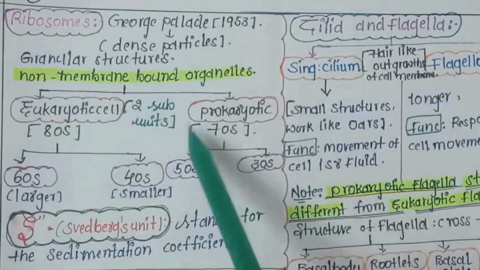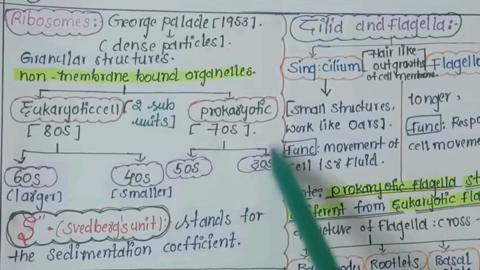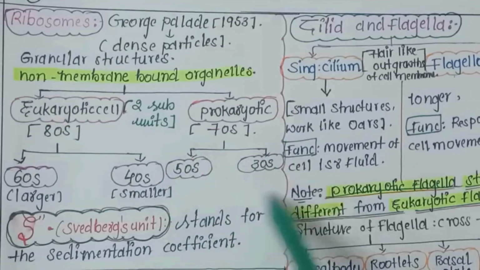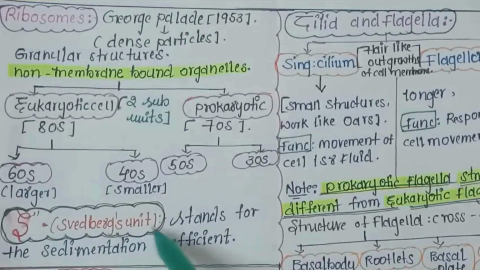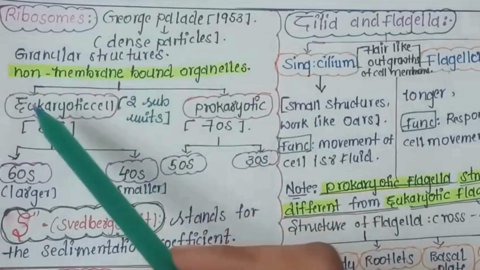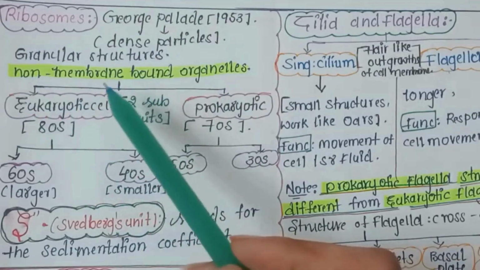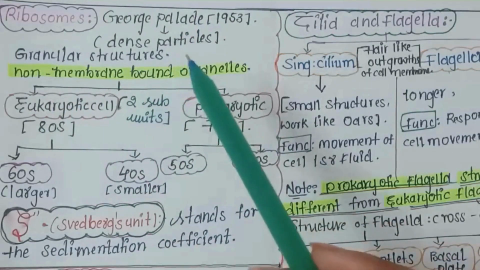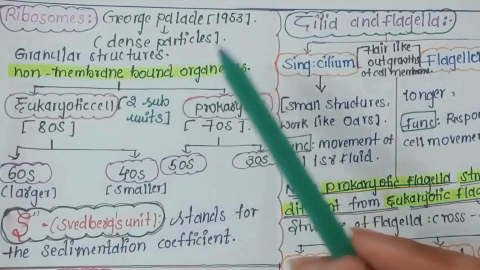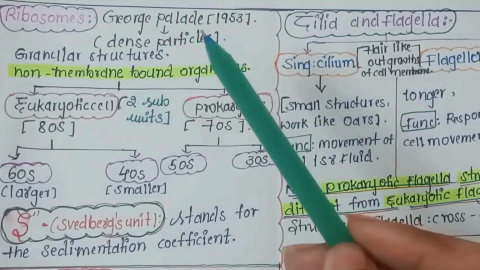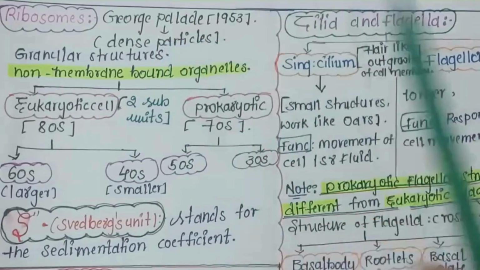In the prokaryotic cell they are 50S and 30S, the larger subunit and the smaller subunit respectively. Here S stands for Svedberg unit, which is the sedimentation coefficient. It measures the sedimentation rate. Coming to the structure of the ribosomes and their functions, ribosomes help in the synthesis of proteins and translating mRNA into specific sequences of amino acids.